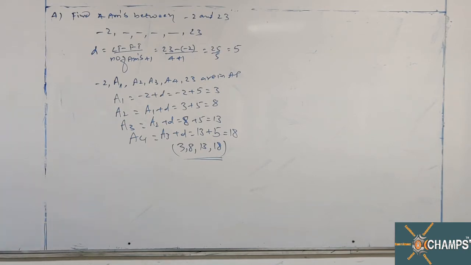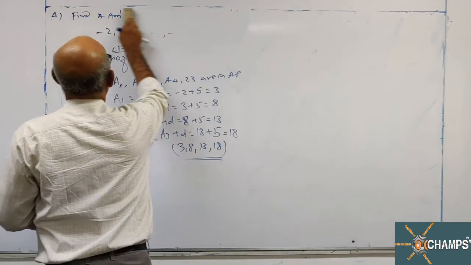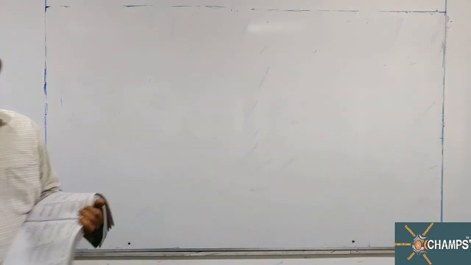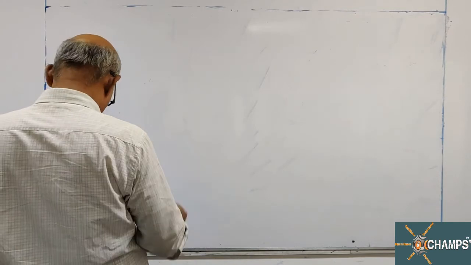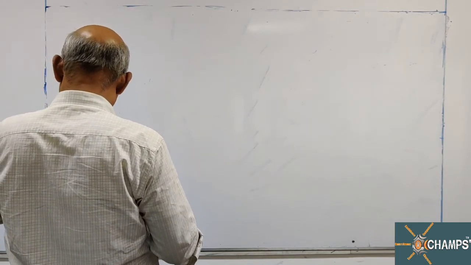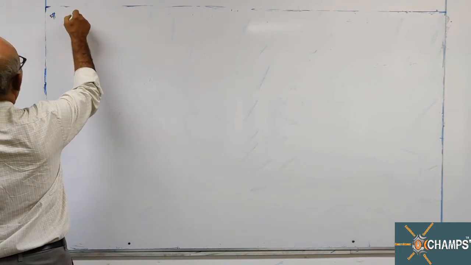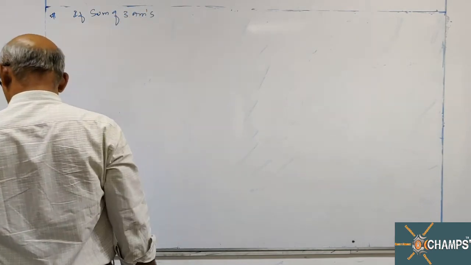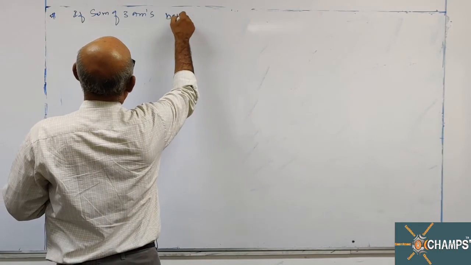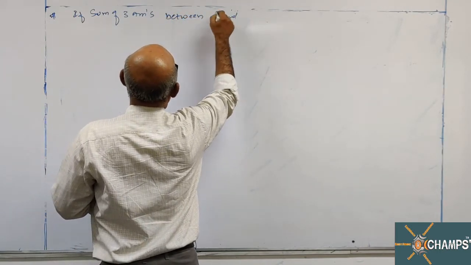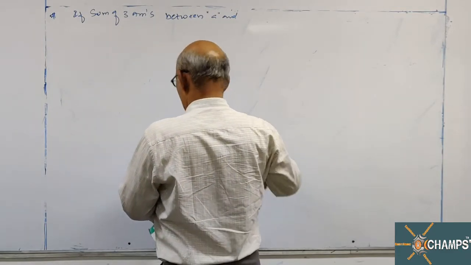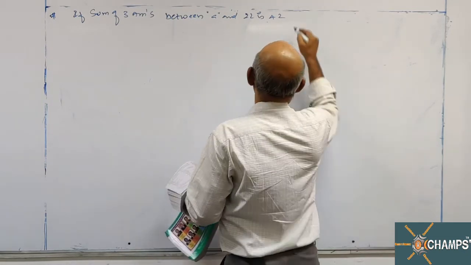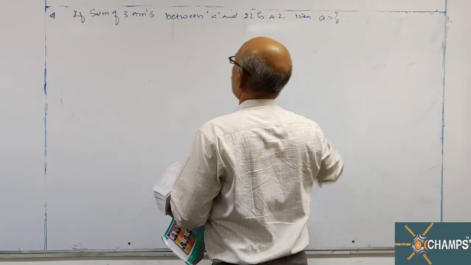Okay, look at the next question. If the sum of 3 arithmetic means between A and 22 is 42, then A is equal to question mark.